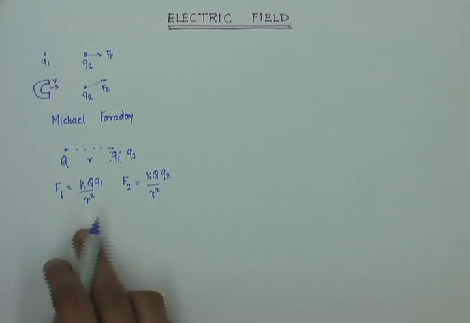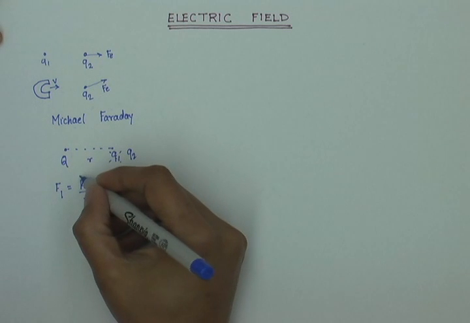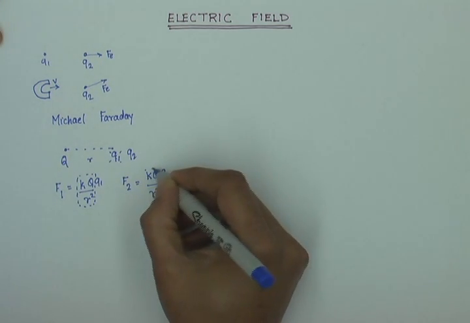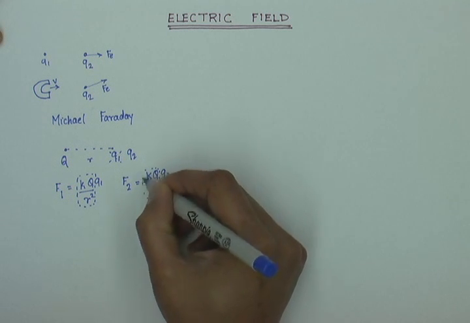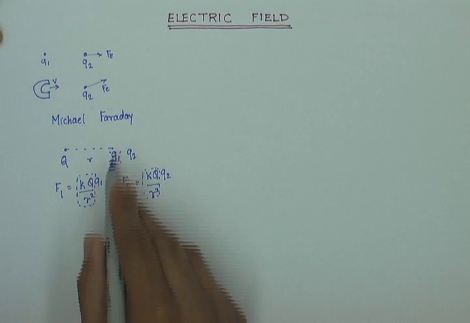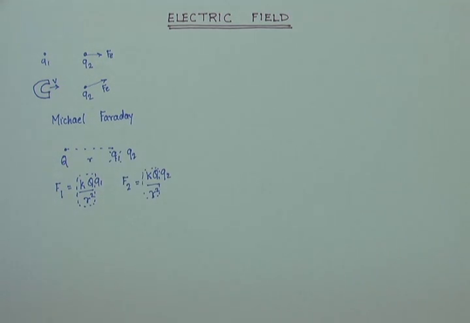Now if you notice these two equations, what you see is that this part, KQ over r square, is common to both the equations, and only Q1 and Q2 change, depending on what charge experiences the force.